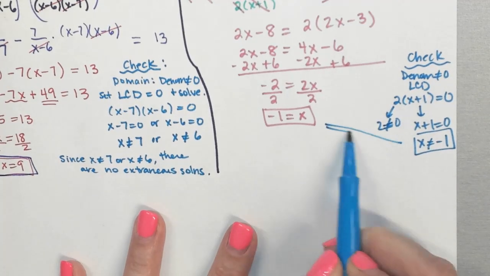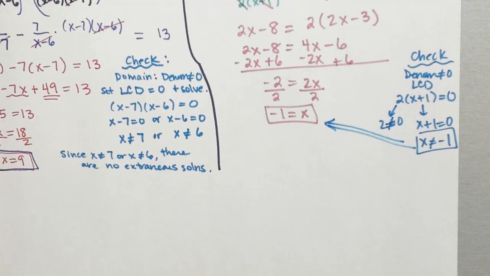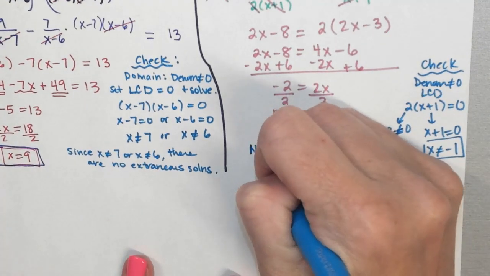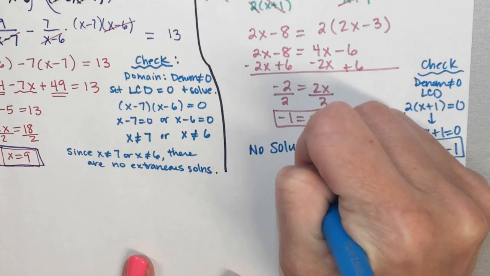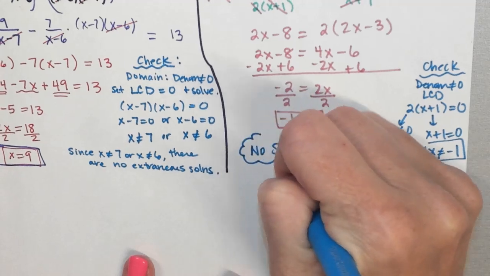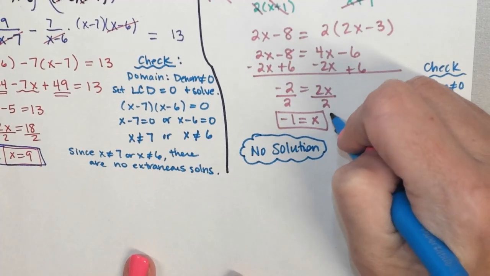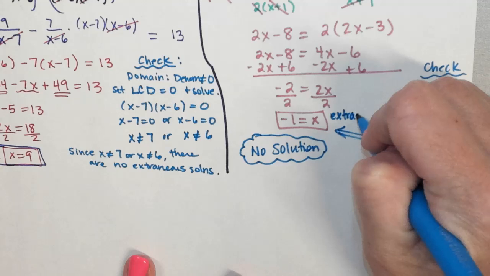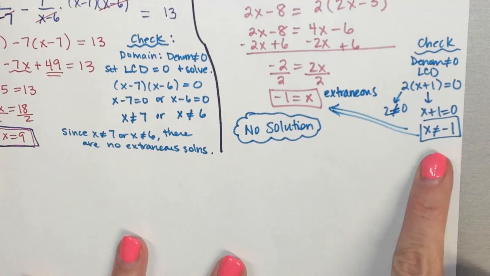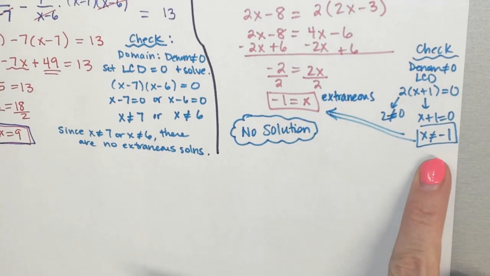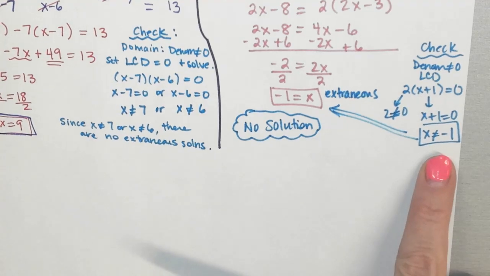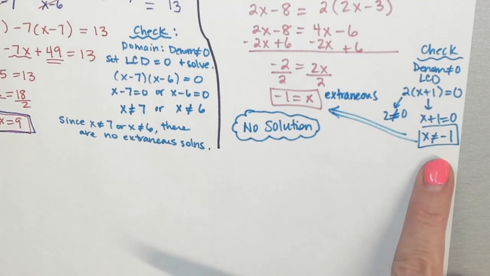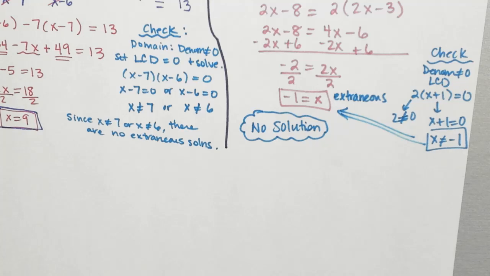So if x is equal to negative 1, this means there is no solution. That would be your answer, no solution. So now we know this is extraneous because that's a restricted value. We can't have x equal to negative 1 because then the denominator would be 0 and we can't divide by 0.